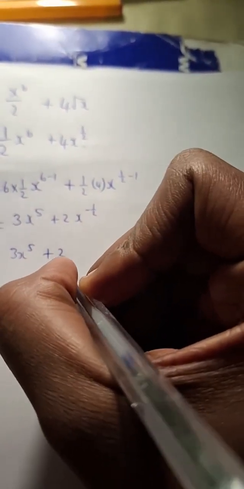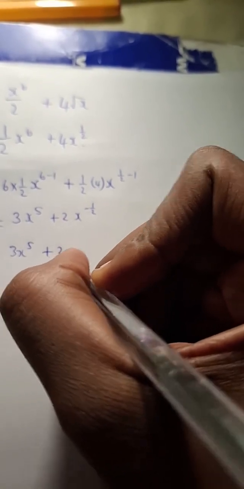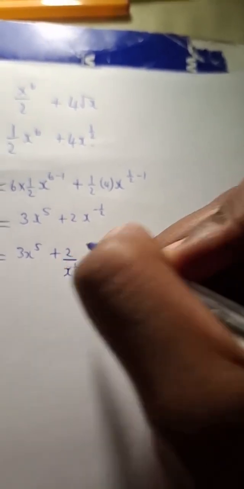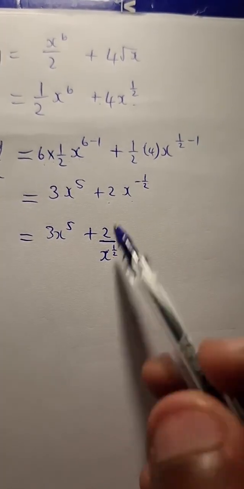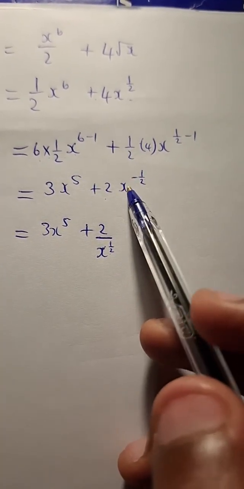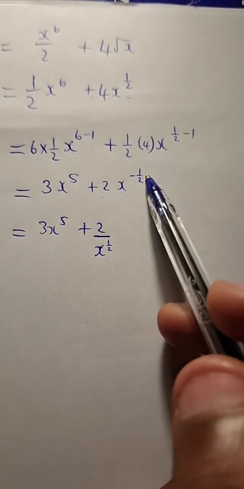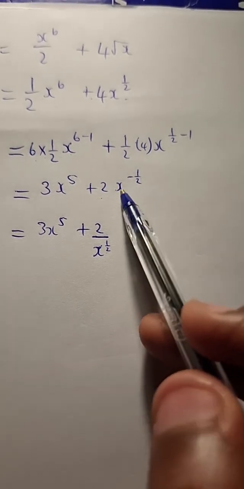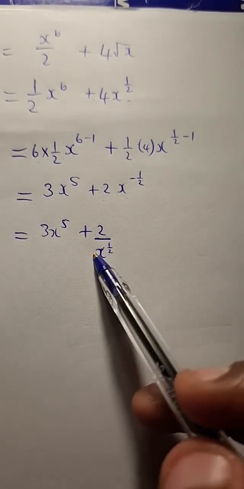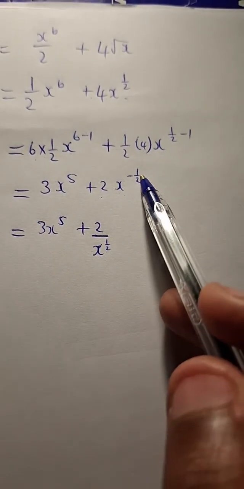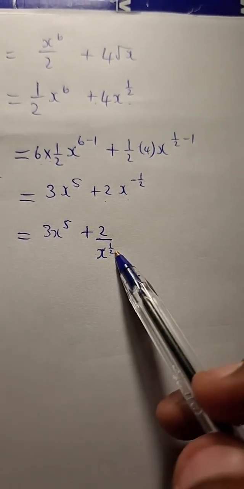So you remember from your exponential definitions learned in grade 9, 10, 11, you can now write x to the power half in the denominator, because the law says when a variable is raised to a negative exponent, you can change the position of the variable so it moves from the numerator to the denominator, and its exponent changes from negative to positive.